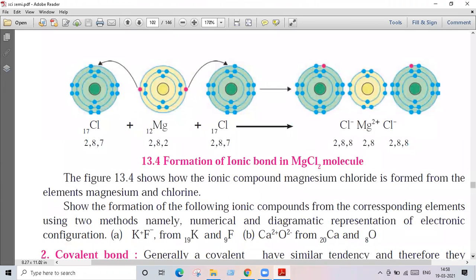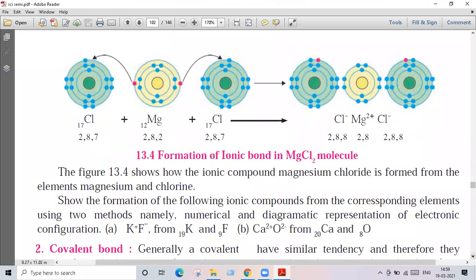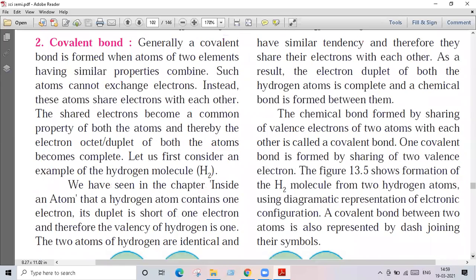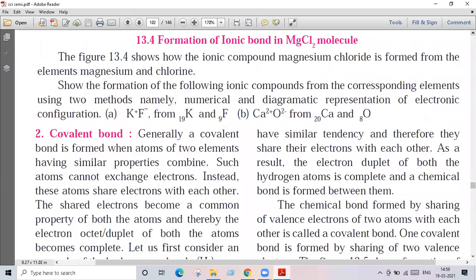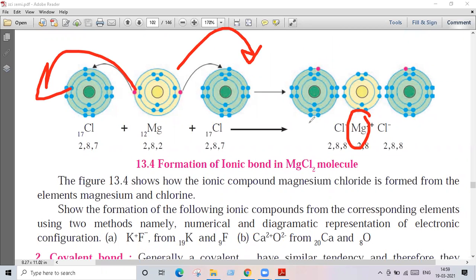Similarly, there are different ions formed. This is magnesium chloride, MgCl2. Here Mg is 2 plus, because it gives 2 electrons, one to this chlorine and one to that chlorine. Chlorine remains Cl minus, but magnesium donated 2 electrons, therefore it is plus 2.